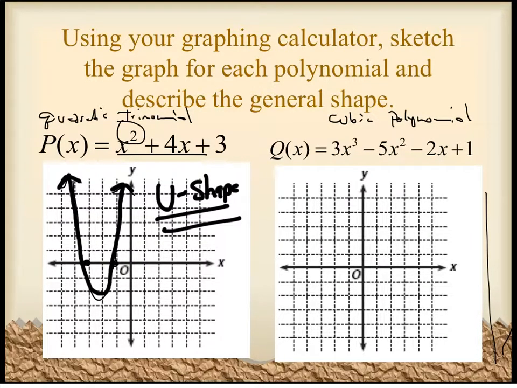Now we're going to graph the cubic and see what happens here. With the cubic, I'm going to plot the zeros. I have one that's about right here, and then we cross another one right about here.